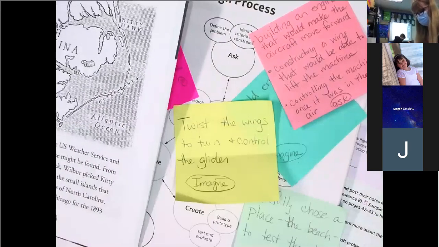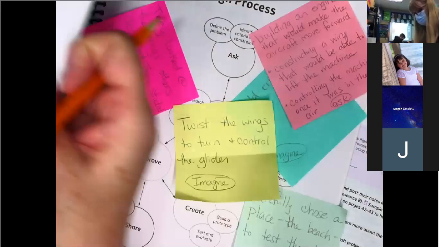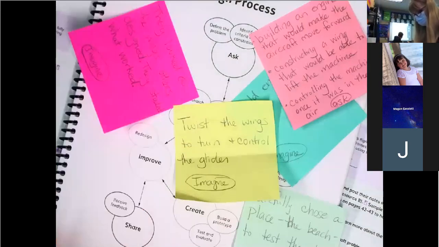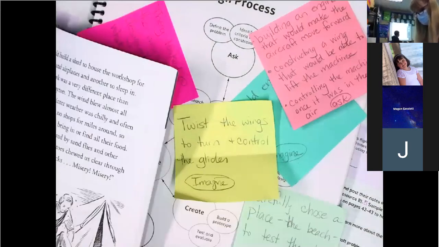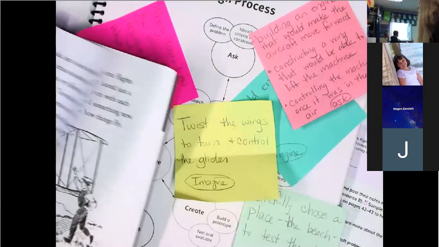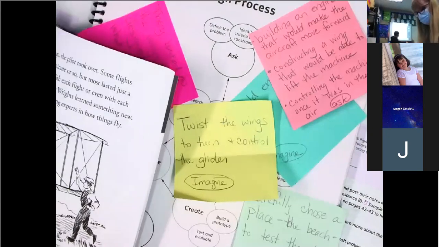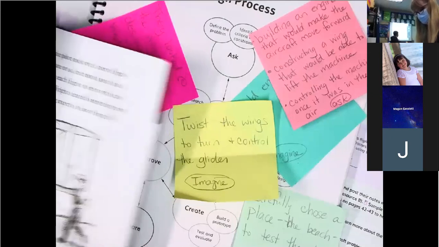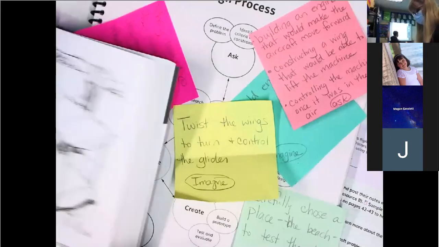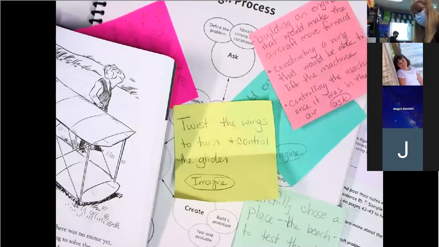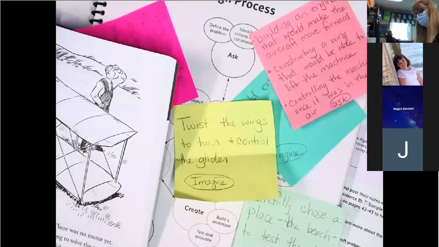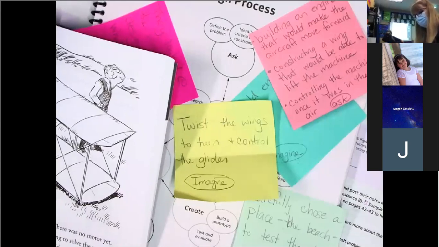All right, I'm going to keep reading page 48. Oh, it says 54 through 61. So let me skip to page 54. Carefully chose a place, the beach, to test the glider. Even with all the difficulties, Orville found things to like about this strange new place.